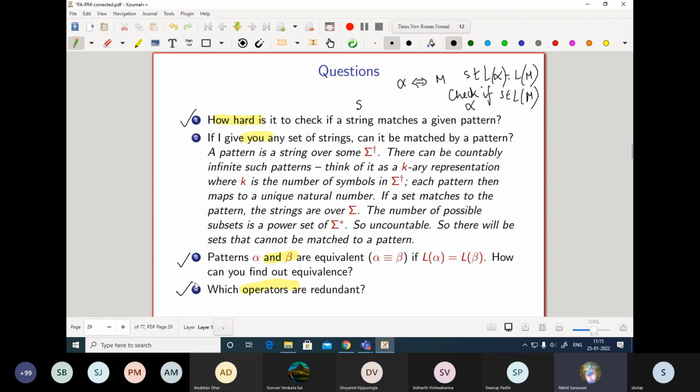And we also had a look at what are the operators that are redundant, and in that section we saw that any pattern has an equivalent regular expression, meaning that you can reduce sigma dagger, which is the set of patterns, where sigma is the set of input string symbols, to only a few atomic patterns and binary and unary operators, while others are all redundant.